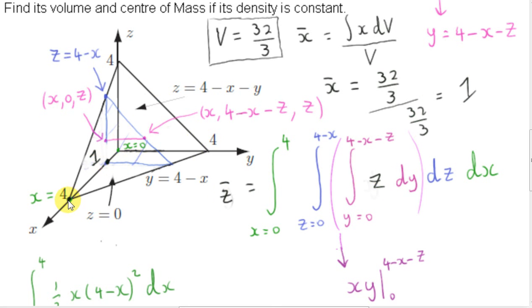Now, notice that each of these points is equidistant from this corner of the tetrahedron. Okay, these lines have the same length. So by symmetry, we would expect the coordinates of the center of mass to be equidistant from the origin. So we would expect y bar to be 1 also. And we would expect z bar to be 1.